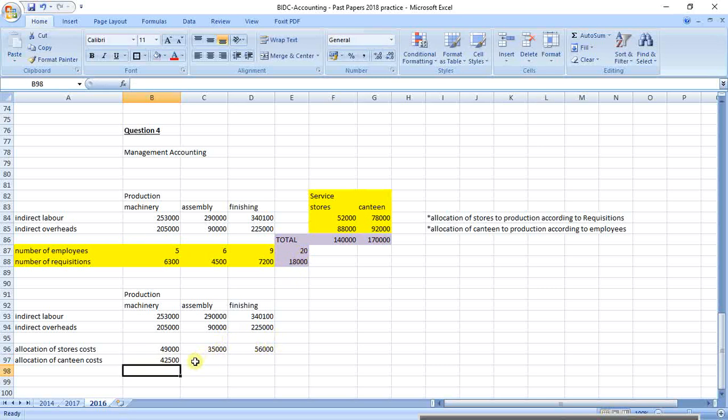Yes. 17 times 6 divided by 20, and 17 times 1 divided by 20. It's 45, 45.